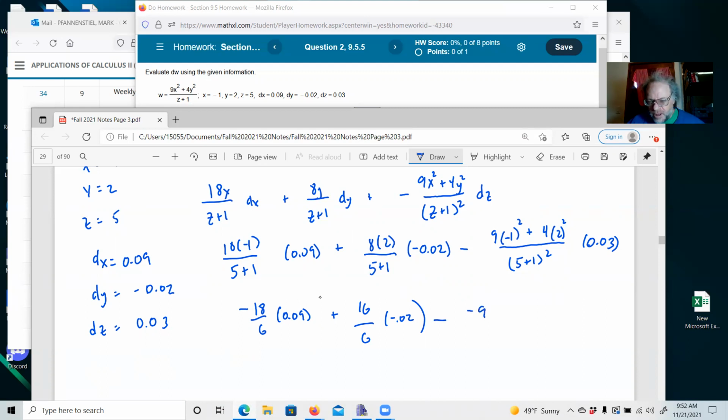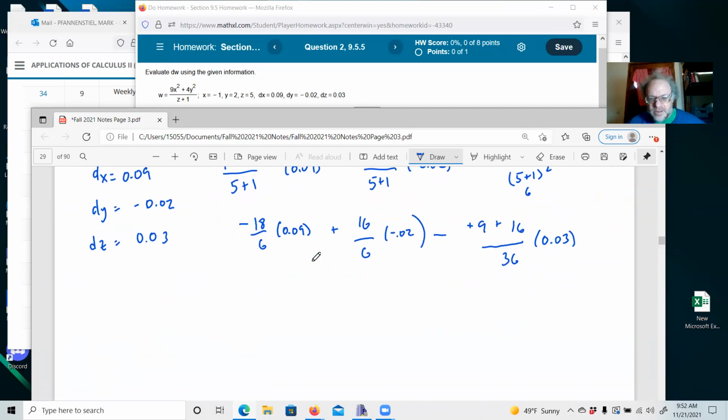Oh no, we don't. We have +9 because -1 squared is positive. 2 squared is 4. 4 times 4 would be 16. And then on the bottom, we've got 36, right? 5 plus 1 is 6. 6 squared is 36, 0.03.